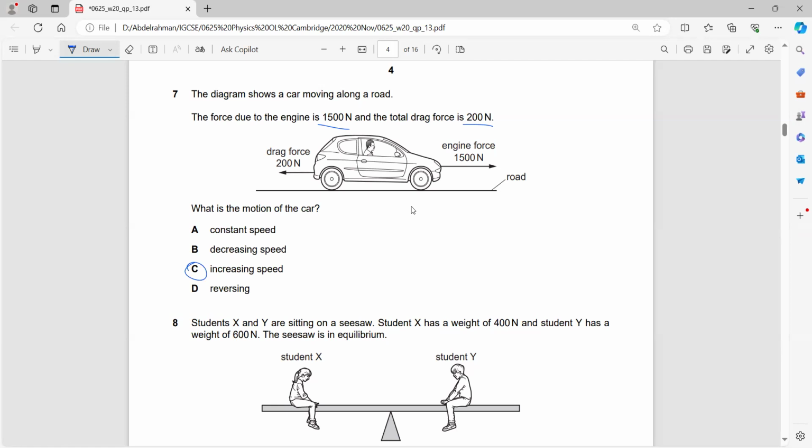Why? Because the forward force is greater than the backward force. When the force to the right is greater than the force to the left, it would increase the speed.